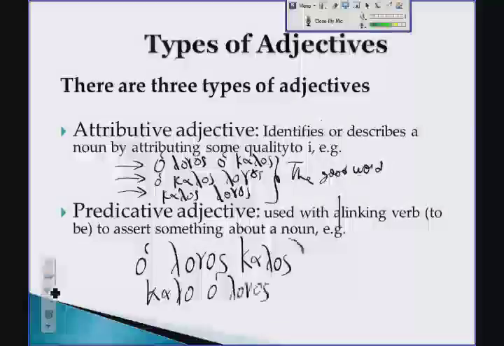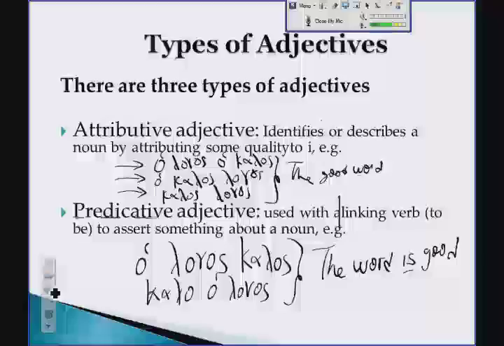How do you translate it? The word is good. The word is good. It's not the good word. That's why we talk about predicative.